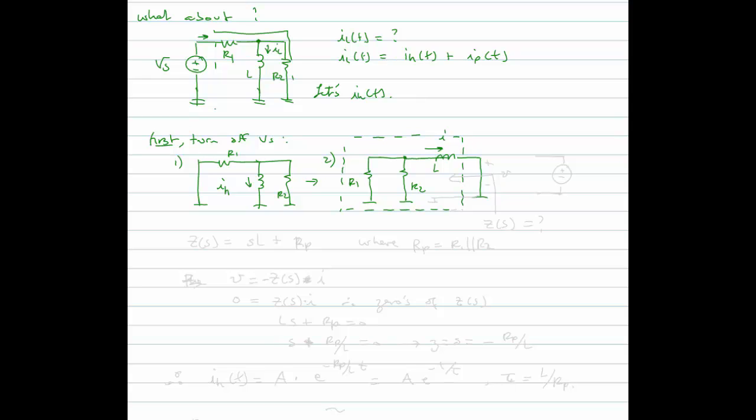But now you see I can actually draw a box around here, right? And I can say, what is the impedance looking into here? And because I have a short, I'm looking for the natural current response. It's as though I had a voltage source here, and then I've turned it off. So the impedance in this case, looking in, is going to be SL plus RP, where RP is the parallel of R1 and R2.